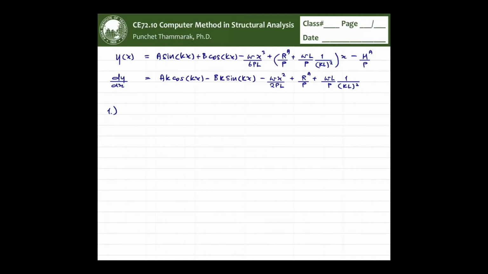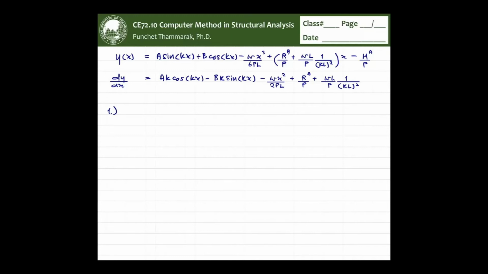AK cosine minus BK sine. Differentiate, you get 3Wx squared, 3 cancel out, you get 2 over 2PL. X differentiate RA over P, WL over P KL square.